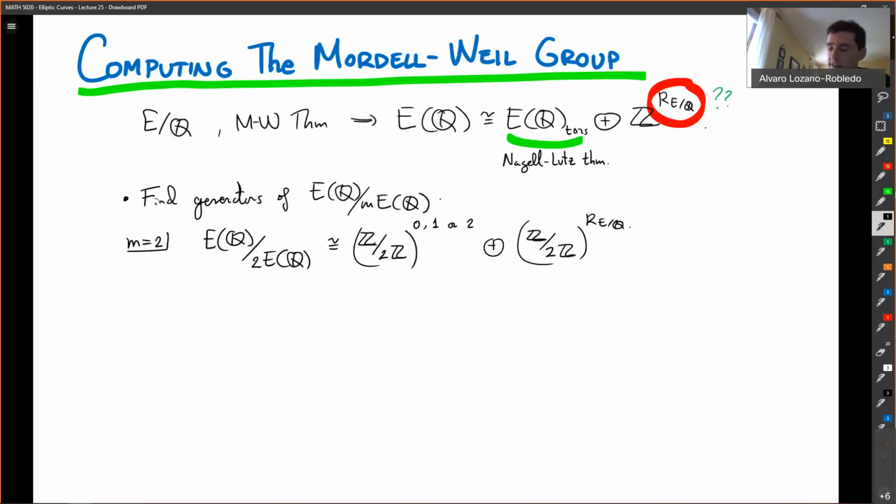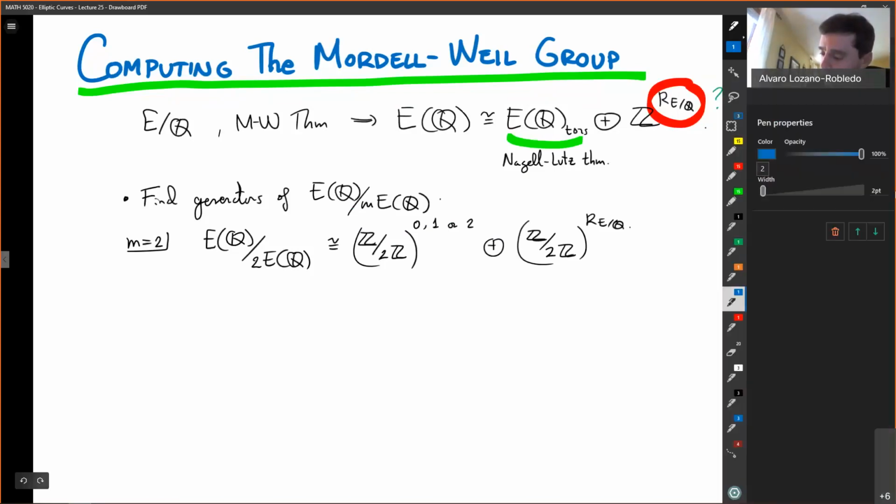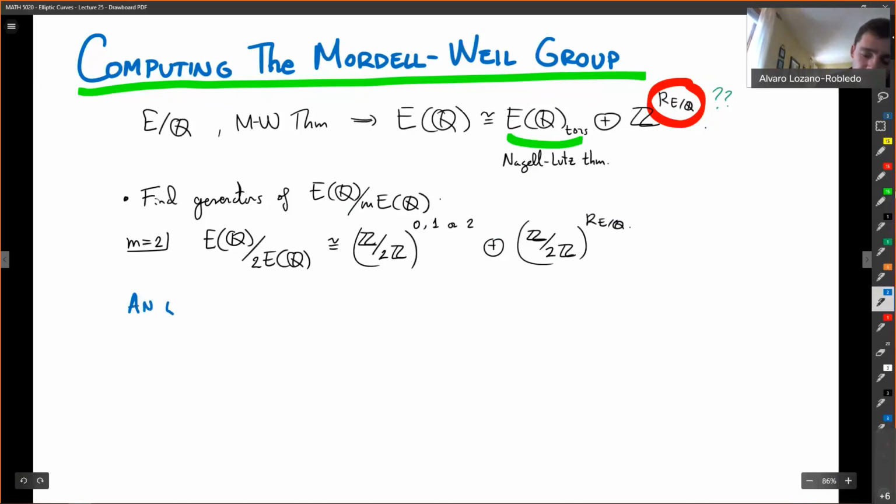So here is an example case. We're going to start with a very basic case where we have the full 2-torsion defined over Q. Okay, we're going to do it a little more general. We're going to assume, let's start with an elliptic curve over a number field.